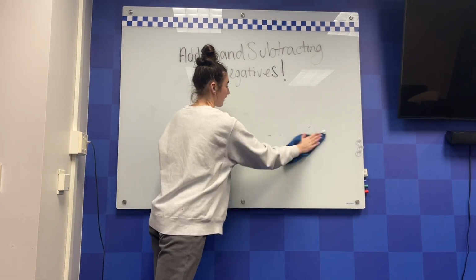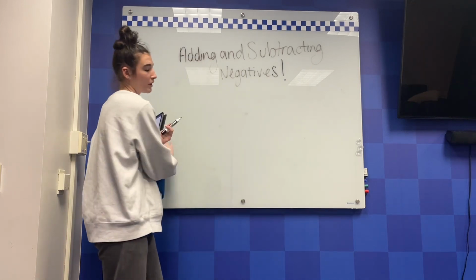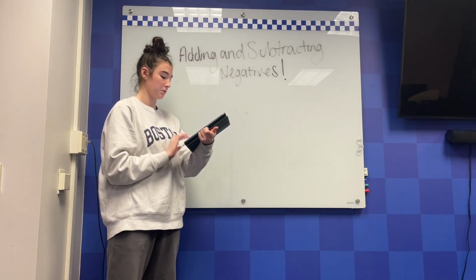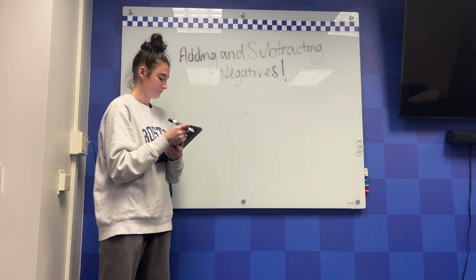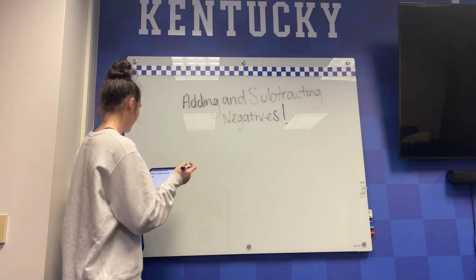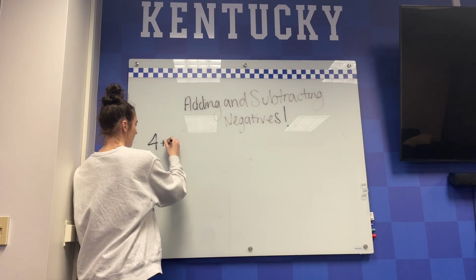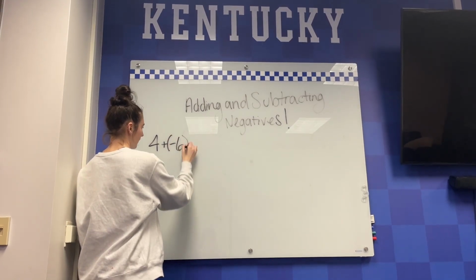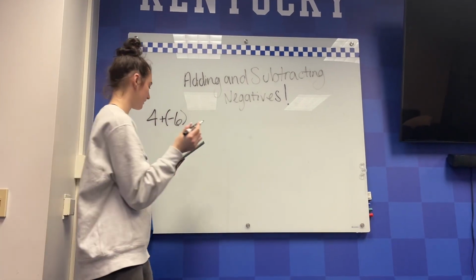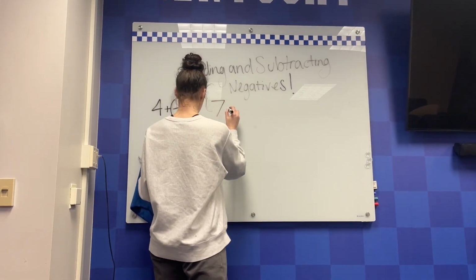On your handout that we passed out for our notes, there's a couple questions you can work with your table partners on those. Okay, so now I'm going to write some problems on the board. You don't have to use a number line for these, but I want you to work with the people sitting around you, and then we'll do them all together as a class at the end.